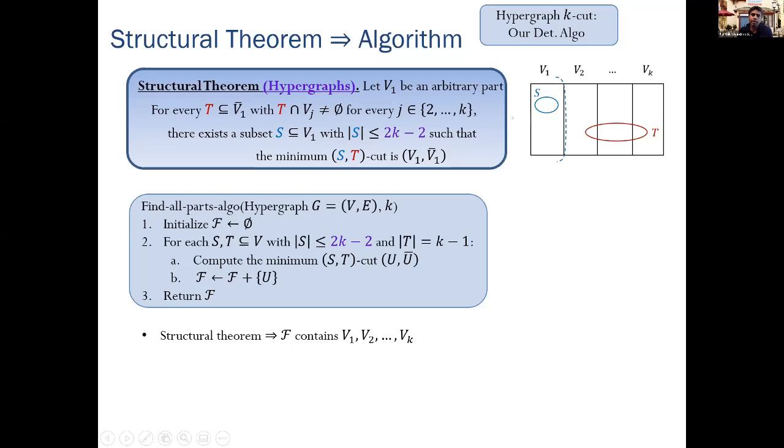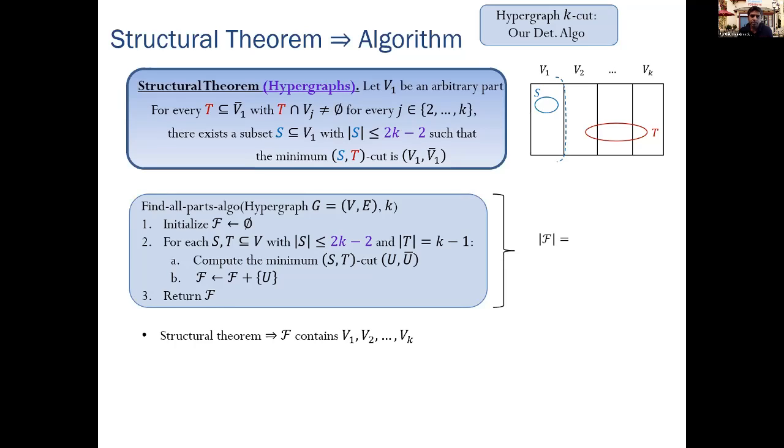Well, consider applying the structural theorem to the set T that has exactly one vertex from each of V2 through Vk. The size of T is k minus 1, and the structural theorem guarantees that there is a subset S of size at most 2k minus 2 such that minimum ST cut is exactly U, U bar. So V1 will be in the family. Since the structural theorem holds for an arbitrary part, all of V2 through Vk will also be in the family.